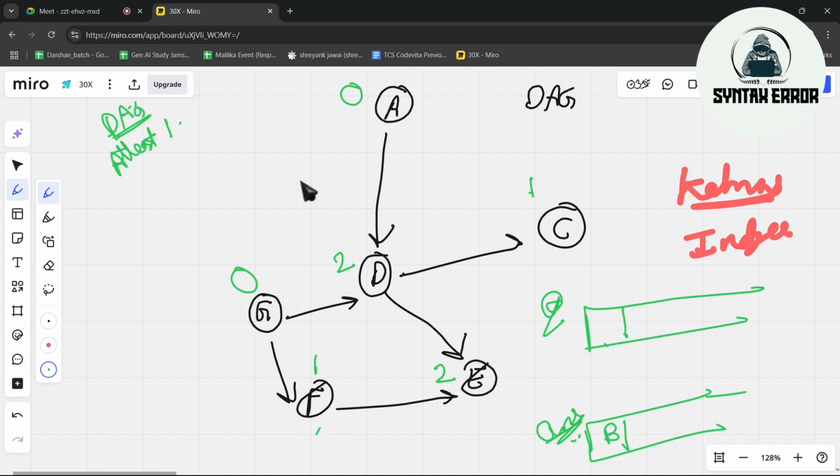Next, if our queue is empty, we have to again take a vertex which has the least in-degree. So here A has the least in-degree, 0. We write it in the queue. Then we pop it from the queue and add it to our answer.